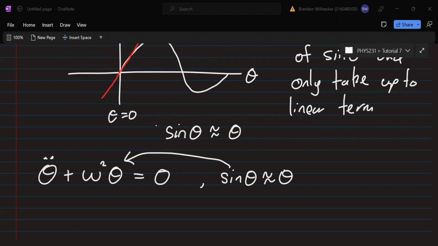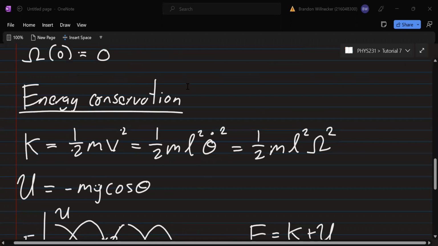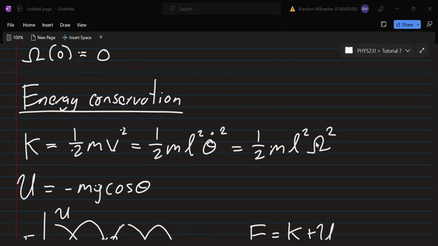Remember, the methods of differential equations only gave us the theta function, whereas the exponential method gave us theta and theta dot. So you do a bit more work, but then you get both the angle and the angular velocity, which we will need for this energy conservation question, because we've got this omega and we've got this theta. So it would be better to get both of those at the same time.